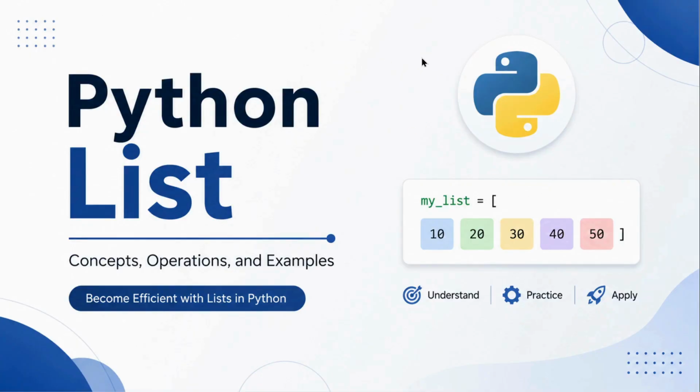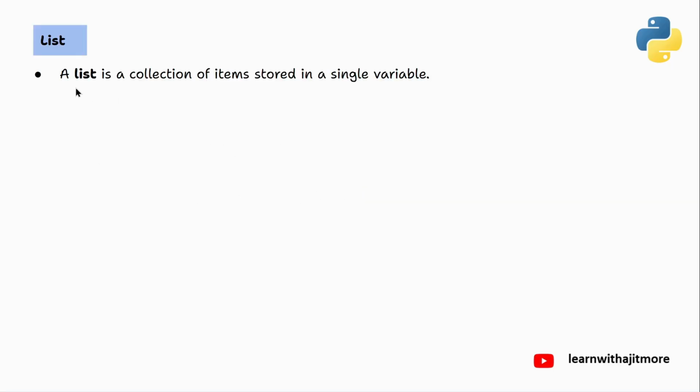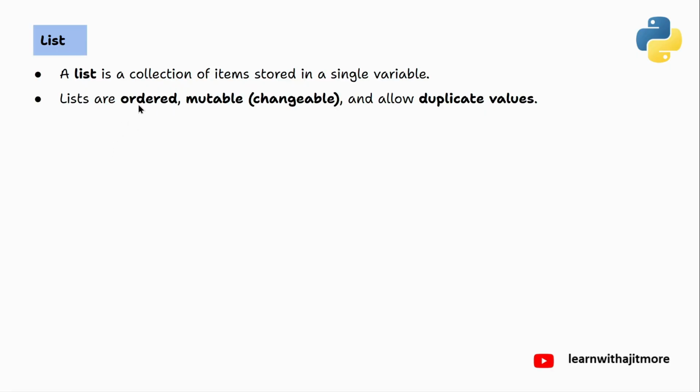And elements can be repeated. There is no restriction that in a list all the items should be unique. There is no such criteria. Elements can be repeated. Okay, so basic definition, I hope you got it. A list is a collection of items stored in a single variable. Means under one name we will access it, and it is ordered.